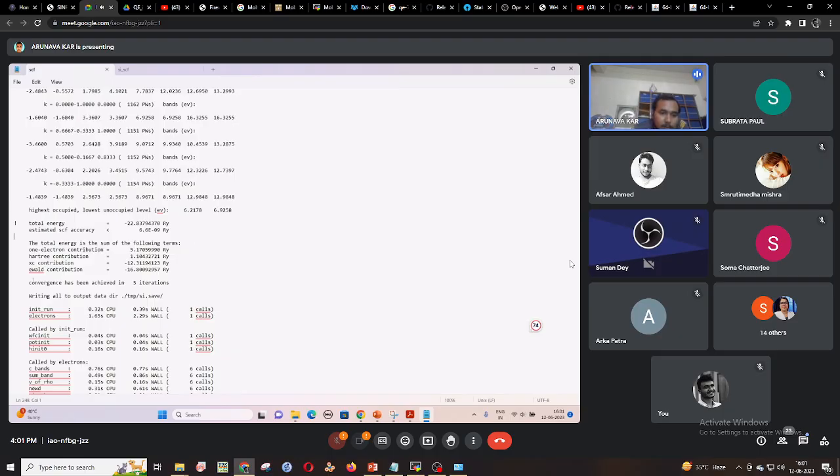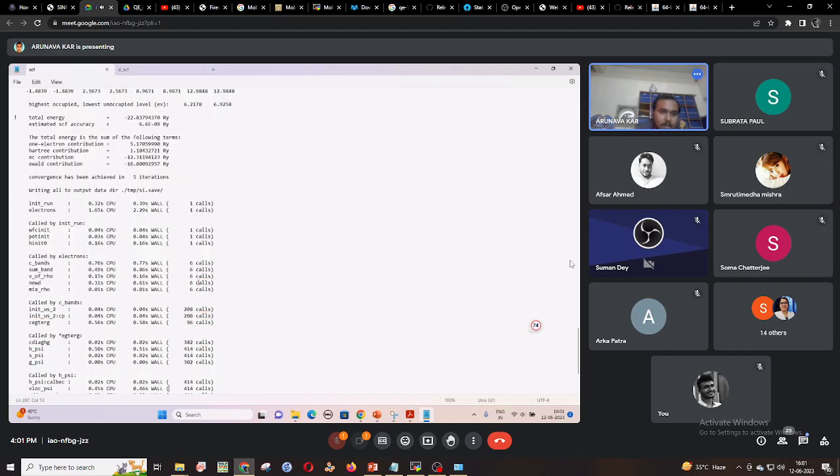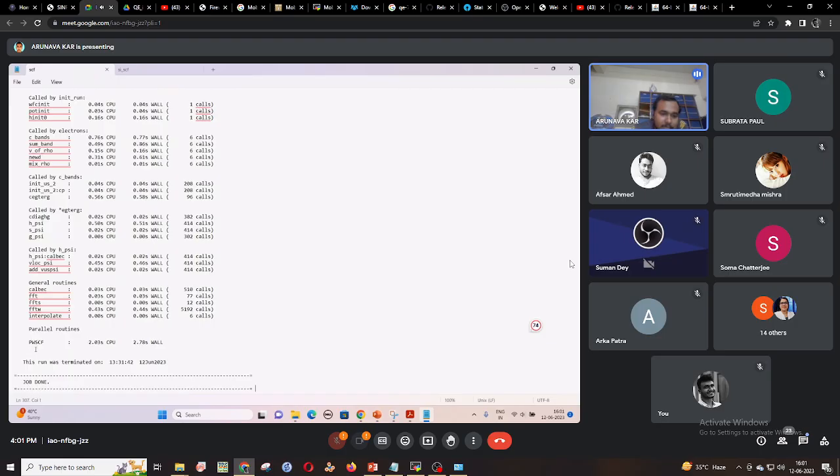Here is the number of iterations needed for the convergence test. You can find it in the output file. Output data files are saved in this directory, and this is the time required for your calculations.